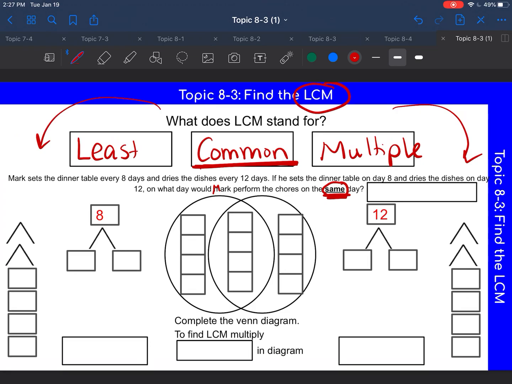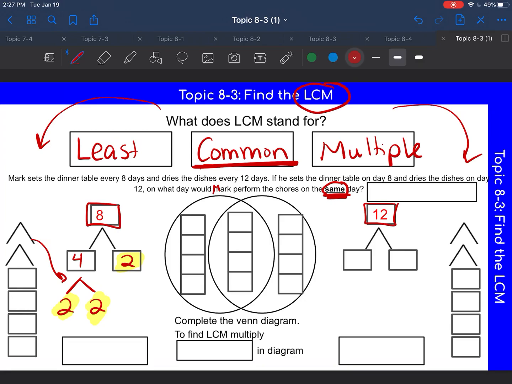All right, so we start this problem just like we would. We find the prime factorization of 8 and the prime factorization of 12. So 8 can be broken into 4 and 2, where 2 is prime. 4 can be broken up, and again, we're dragging our little carrots down, into 2 and 2, which are prime.